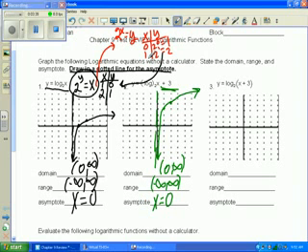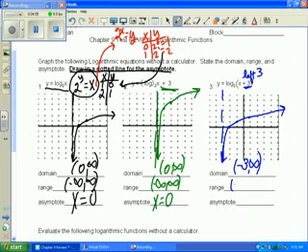All right, what does number 3 do? Left 3. So I'm going to take those original points and go left 3. So where's that going to put my asymptote? At negative 3. So what does that make my domain?